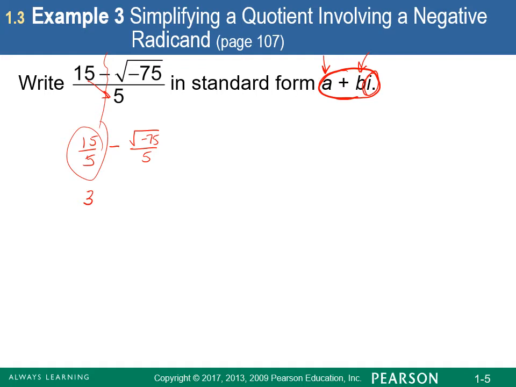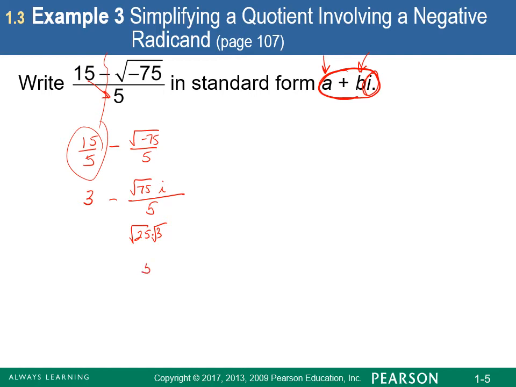Now, the square root of negative 75 we'll do like we've done before. We'll take the square root of the positive 75 and put an i beside it. We will simplify the square root of 75. Now, 75 is 25 times 3. The square root of 25 is 5.